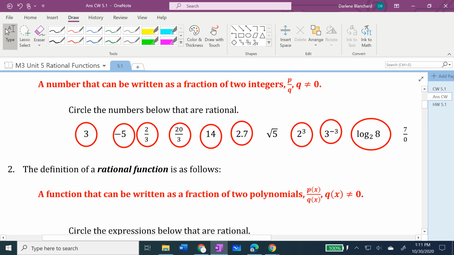Have you had enough time to write down the definition? Okay, I'm going to go back over. If you need me to leave this up, tell me in chat.